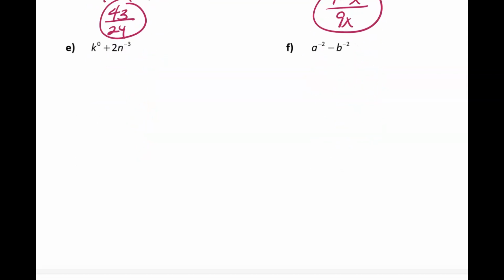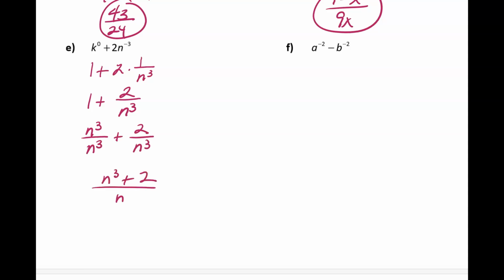In E, exponents first. So 1 plus 2 times 1 over n cubed. And then the multiplication. And now if we're going to add, we want a common denominator. So 1 can be written as n cubed over n cubed. Now we have n cubed plus 2 over n cubed.